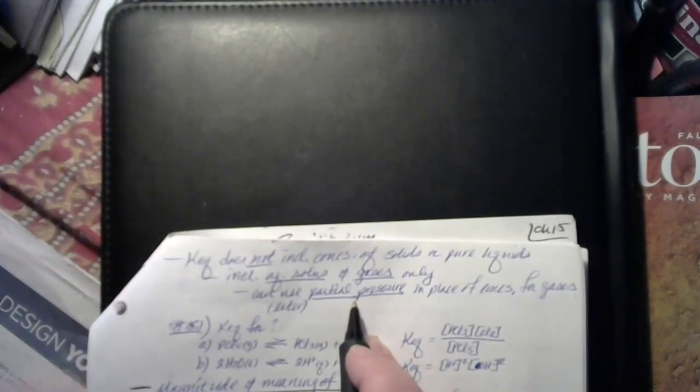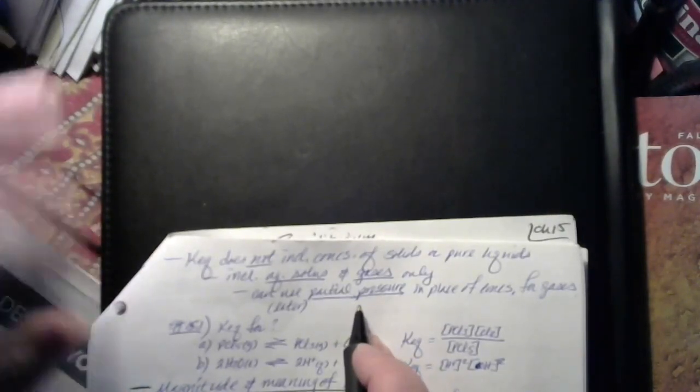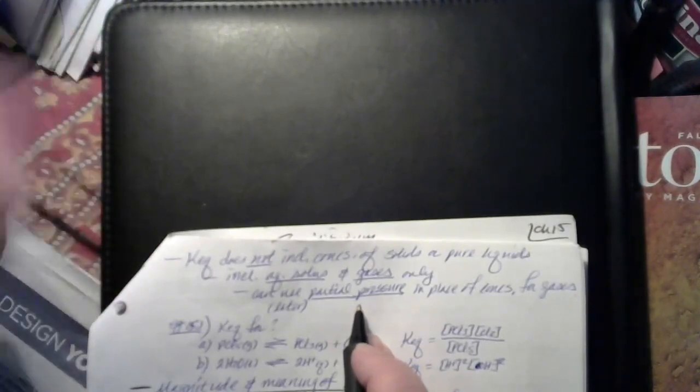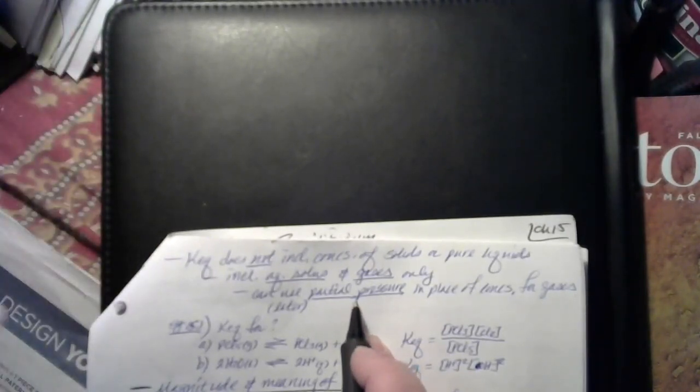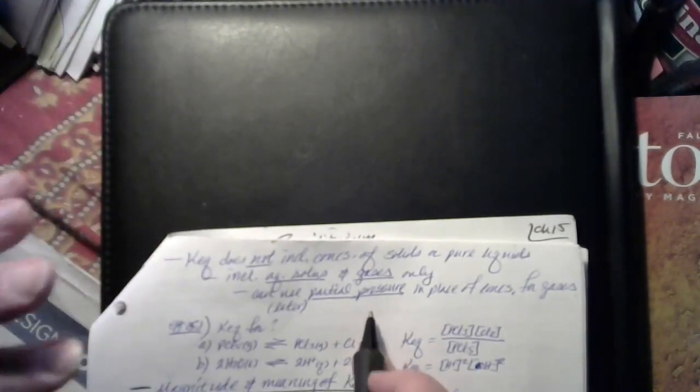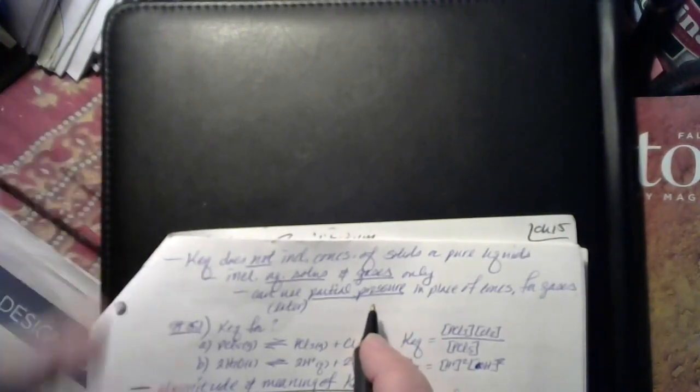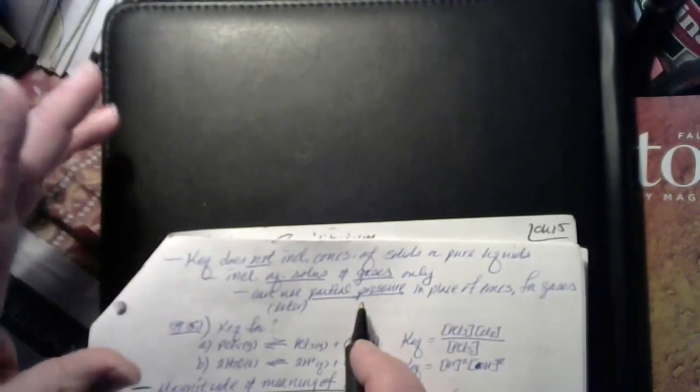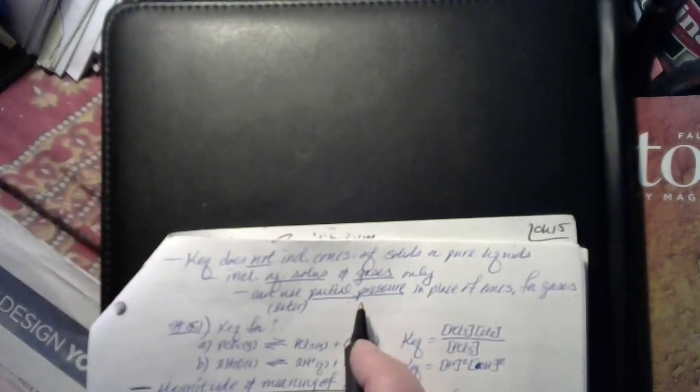It won't be the same number as the equilibrium constant in terms of concentrations, but it will always be the same. And there is an easy formula for converting back and forth between equilibrium constants in terms of concentration versus partial pressures, which we'll get to a little bit later.